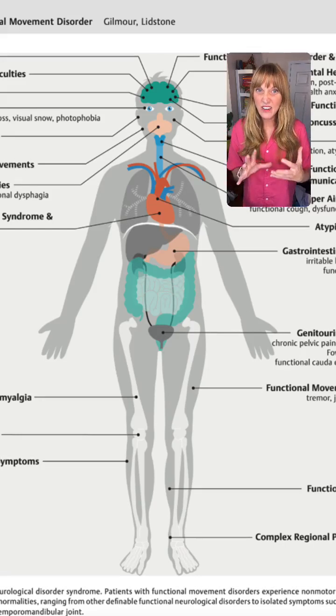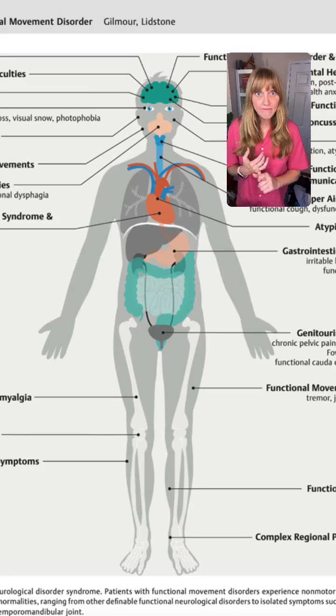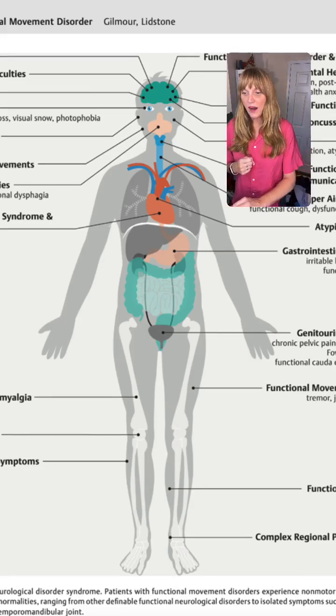So this is not the functional neurologic disorder, but coexisting and often predating our joint hypermobility. So EDS or other connective tissue disorders, pain or an injury, very, very common.